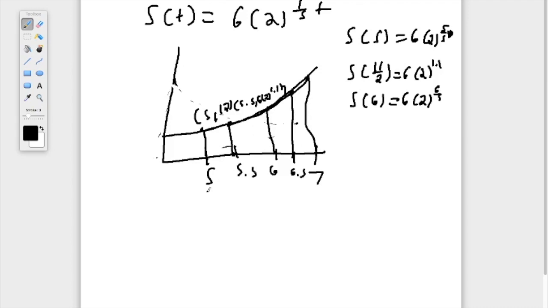Now we just have to find the area of these trapezoids. So the area of a trapezoid is (y1 plus y2) over 2 times delta x. So our delta x is always 1/2.